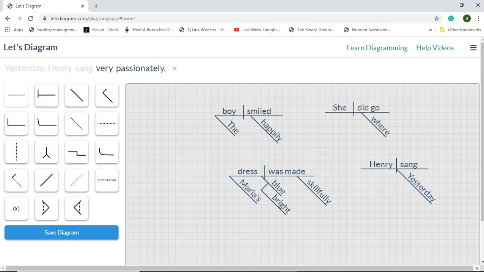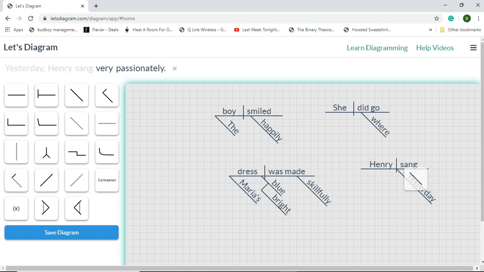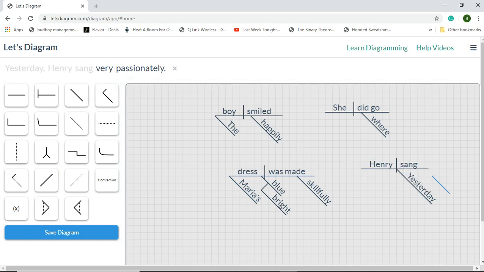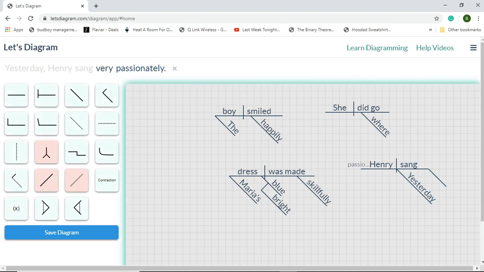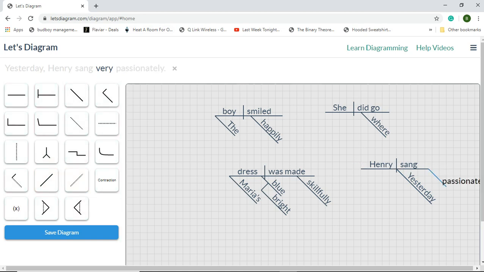Our next adverb is passionately. How did Henry sing? He sang passionately. So passionately answers the question how. How did Henry sing? He sang passionately.